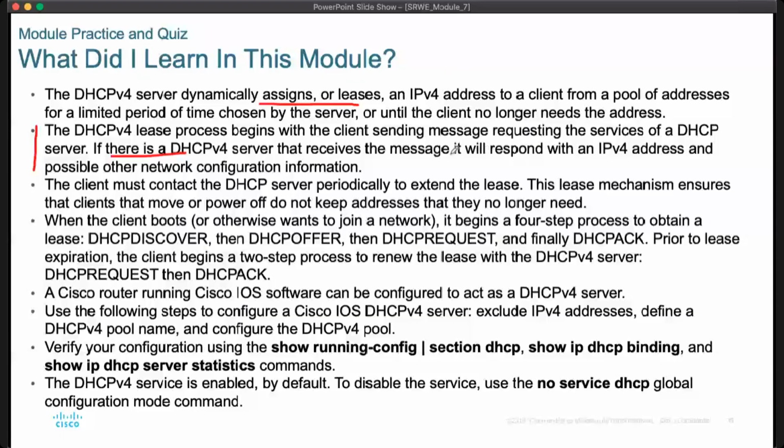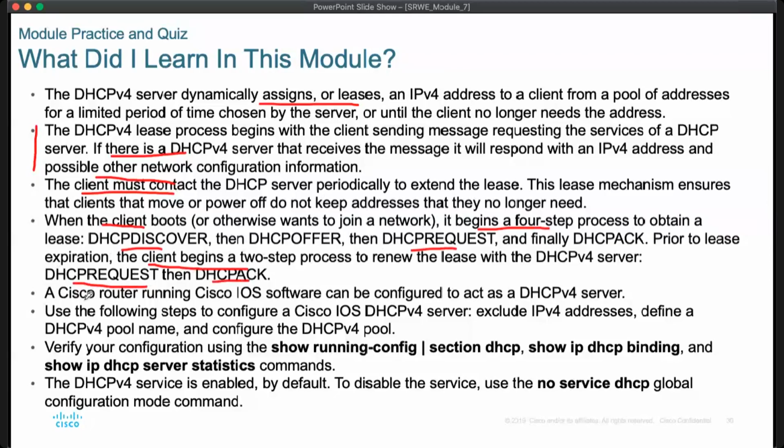When the client boots or otherwise wants to join the network, it begins a 4-step process in order to obtain an IP address: DHCP discover, DHCP offer, DHCP request, and finally DHCP acknowledge. Prior to lease expiration, the client begins a 2-step process to renew the lease with the DHCPv4 server, using DHCP request followed by DHCP acknowledge.